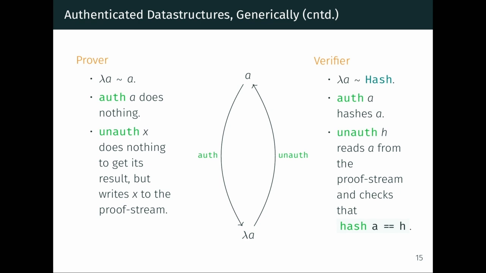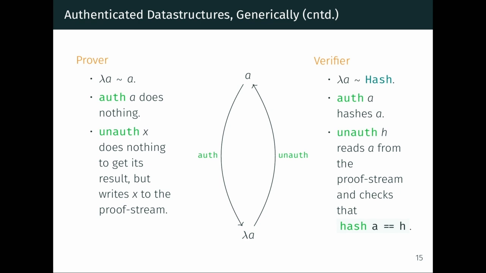On the prover side, to get the result of unauth, the prover doesn't do anything, but as a side effect, it writes X to the so-called proof stream. So the prover produces a proof stream, a byte string, that the verifier can consume. So in that sense, it's complementary.